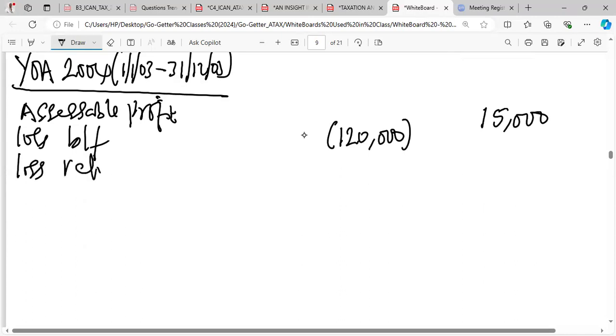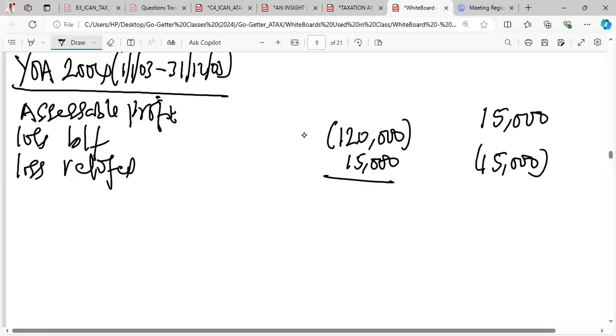Loss relieved should be 15. So this is loss carried forward, 105.